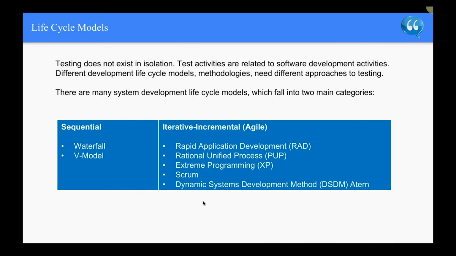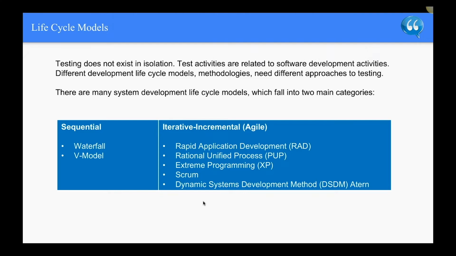Again, it's still the life cycle models, but condensed a bit more into the actual names that you will see more often. Testing does not exist in isolation, so test activities are related to software development activities. Different development life cycle model methodologies need different approaches to testing. There are many system development life cycle models which fall into two main categories: the sequential, like I mentioned before, waterfall and V-model, and iterative incremental, agile.